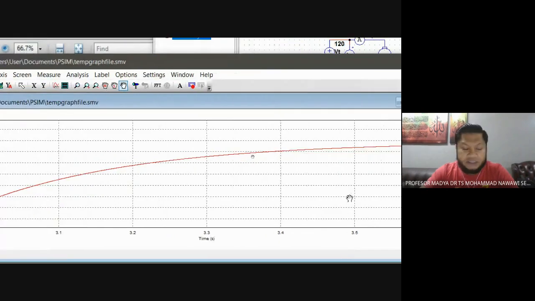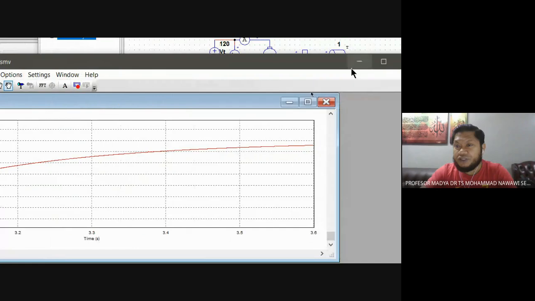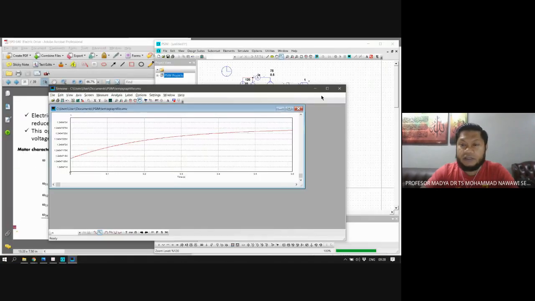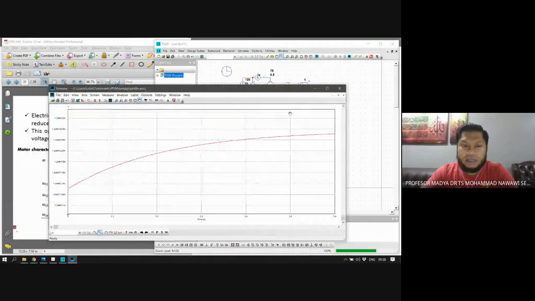So what does it mean? This simulation only shows you this, which is the disadvantage of using the demo version. You cannot have all the points saved. It limits to 6,000 points to be saved by the PC.